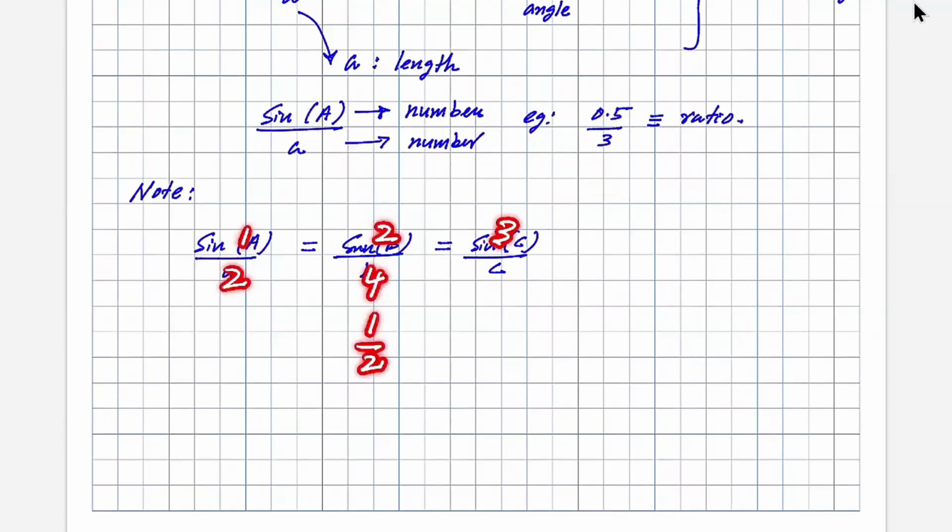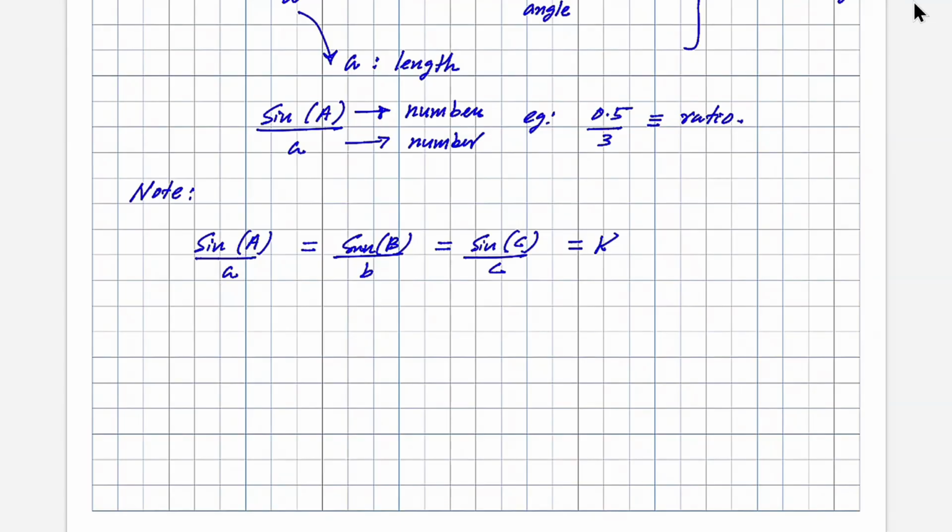And 3 divided by 6, still it is 1 divided by 2. So you can equate this ratio to a number like half. In general, I'm going to say K. Does it make sense? Try to catch this logic through common sense. So this is going to be equal to K, and for this system, K is a constant.